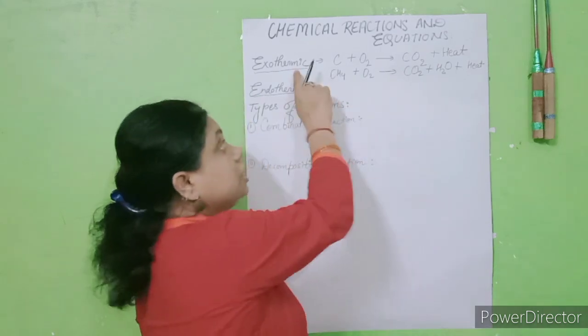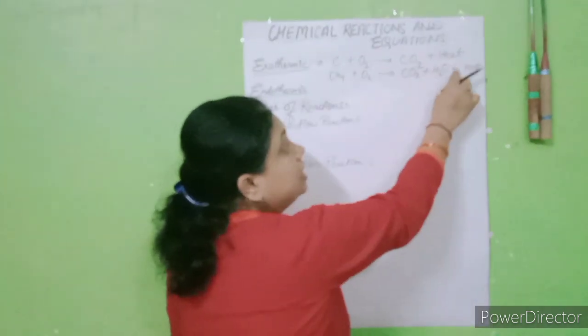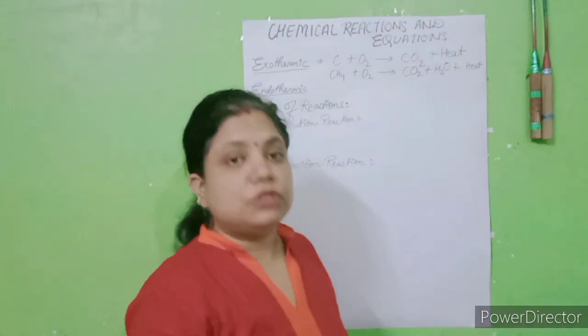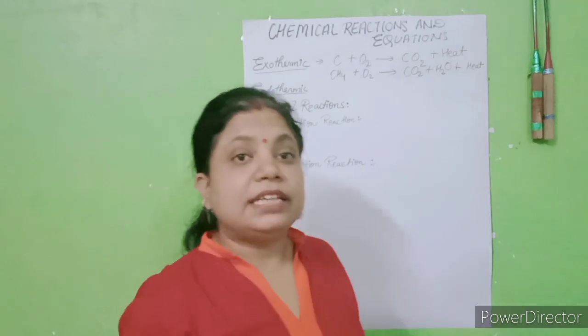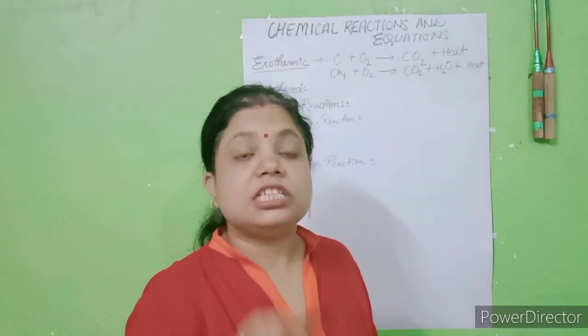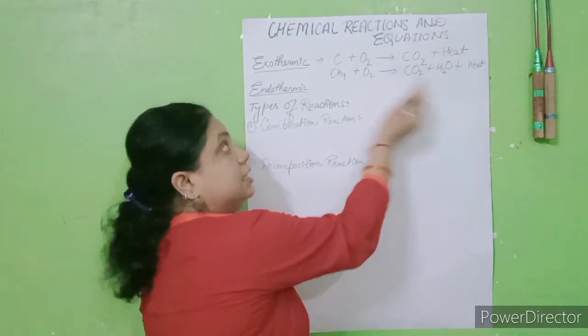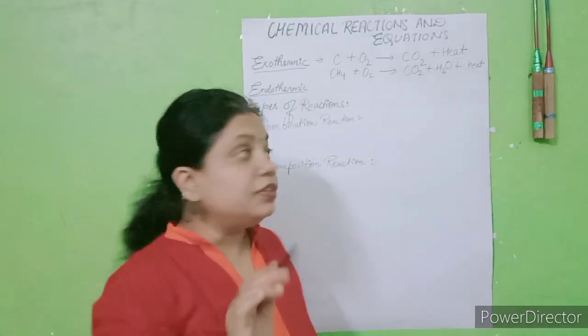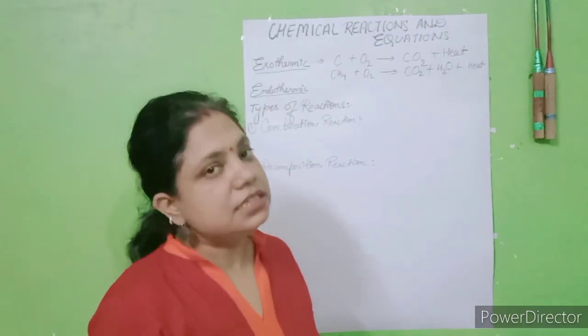So in an exothermic reaction, we always write plus heat on the right hand side, meaning in the product. If plus heat is written on the product side, that means it is which type of reaction? It is an exothermic reaction, and we can easily recognize it as an exothermic reaction if plus heat is written on the product side, meaning the right hand side.